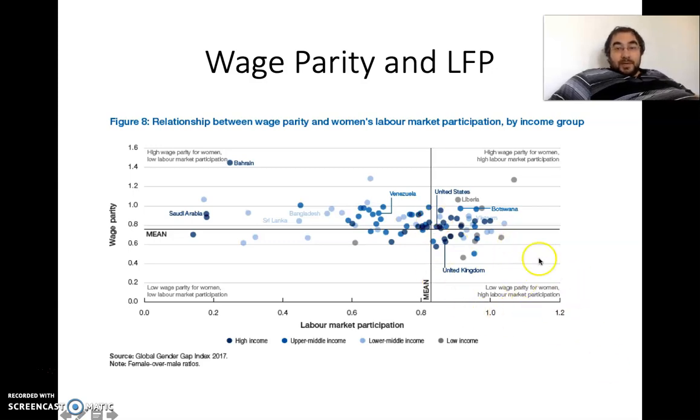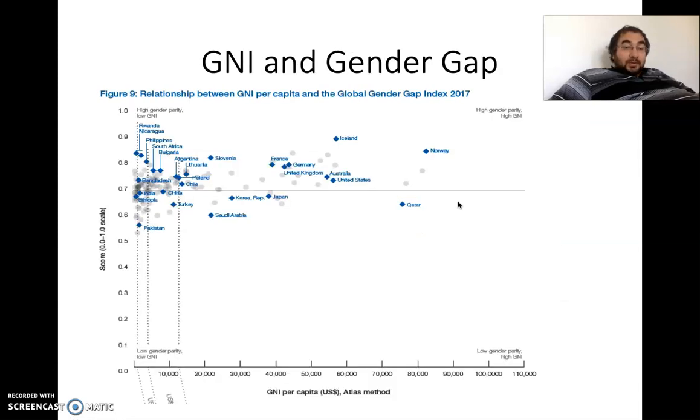And there are some countries with relatively high labor force participation, but wage is relatively low, or at least wage inequality is relatively higher. Surprisingly, for example, the United Kingdom was one of those countries. Surprisingly, for example, Liberia and Botswana are countries where both wage parity and labor force participation are better. The inequality is small in those countries. Again, that doesn't mean the absolute value is high.